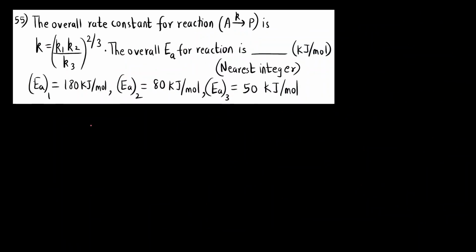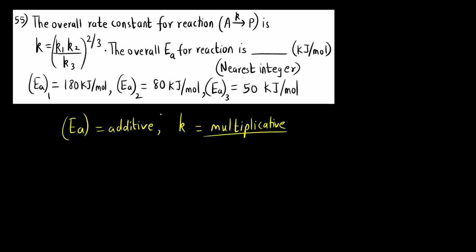Next one, 55. How do you solve this? The energy of activation is additive. Always remember, we can add them, and rate constant is multiplicative in nature. How do you find out rate constant? Overall rate constant is given as K1, K2 divided by K3, the whole raised to 2 by 3.